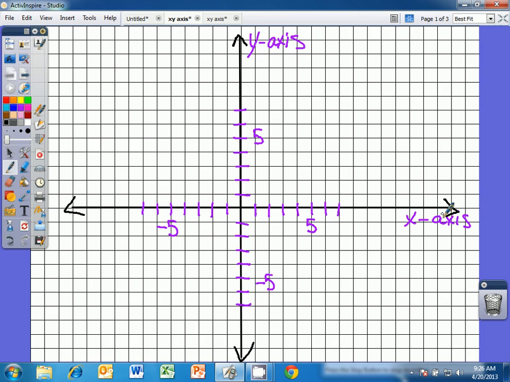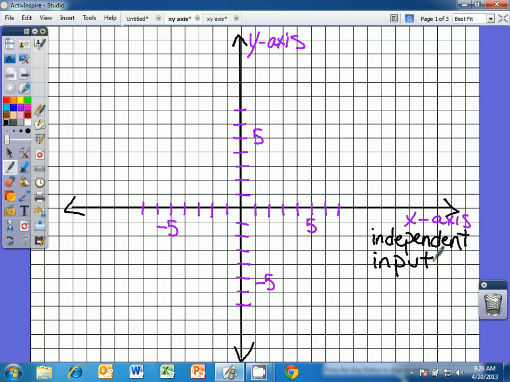When we talk about rate of change or slope, we are talking about the horizontal axis as the independent variable. We've also said that our x-axis or our x-coordinates are representing our input.